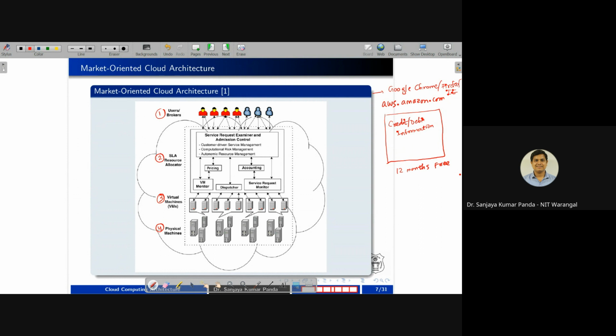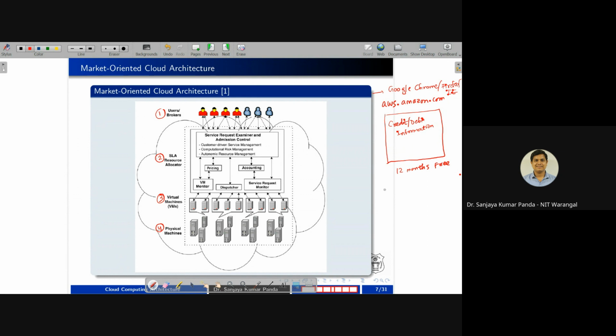There are some limitations with respect to computation, database storage, containers, application development, serverless architecture, and machine learning applications. So within that particular limit, you can use the resources, right?